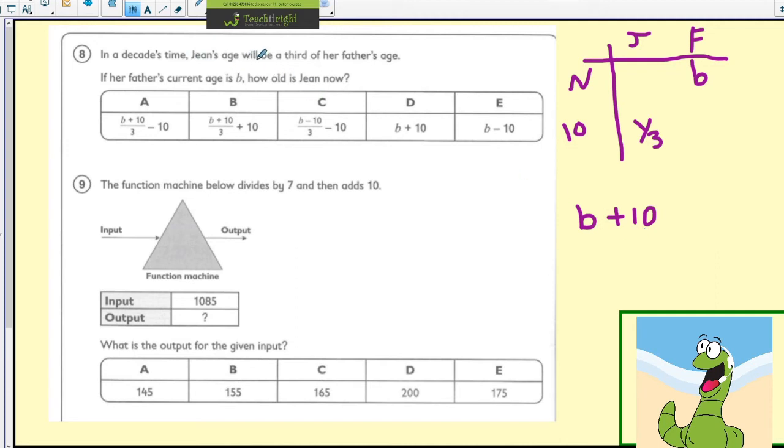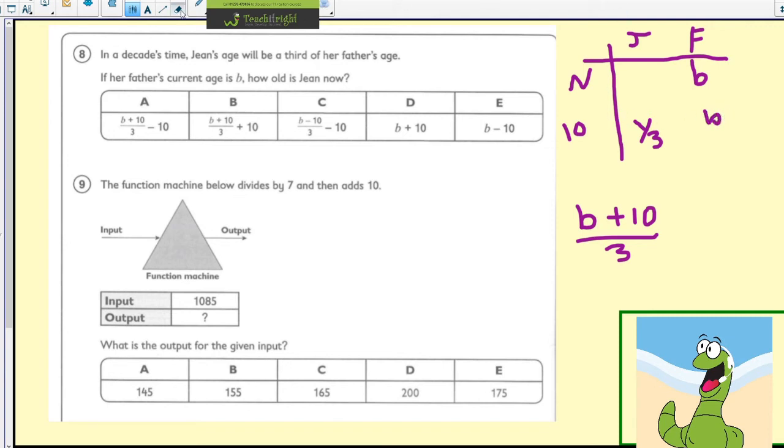And then Jean's age will be a third of her father's. So B plus 10 is going to be a third of this, because it's a third of whatever that age will be, which is dividing by 3. So B plus 10 was her father's age in 10 years' time, and her age will be that divided by 3.